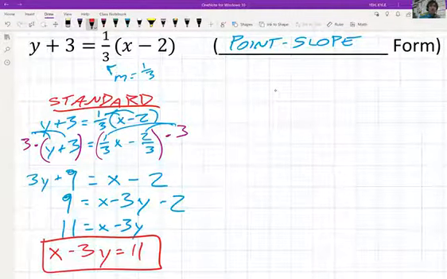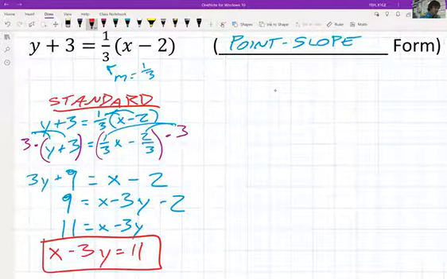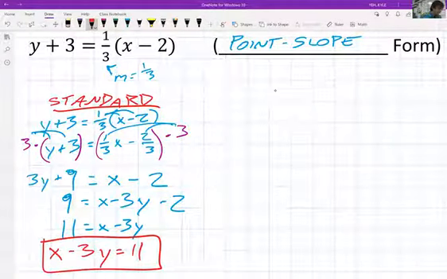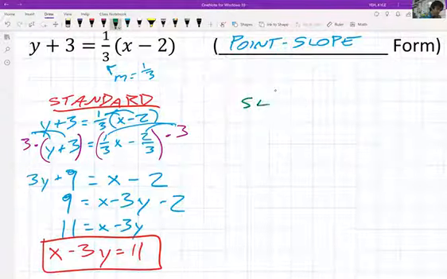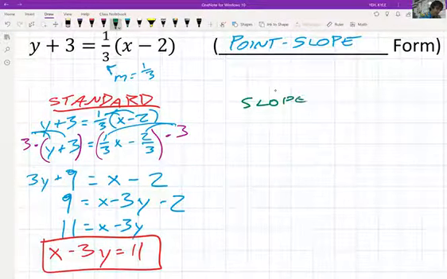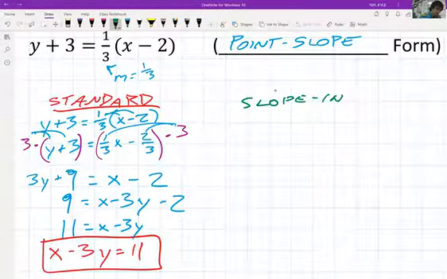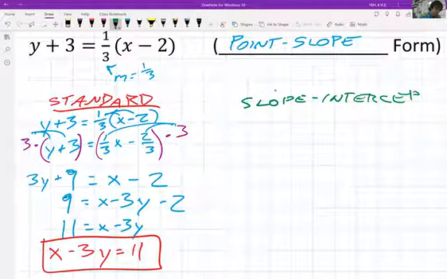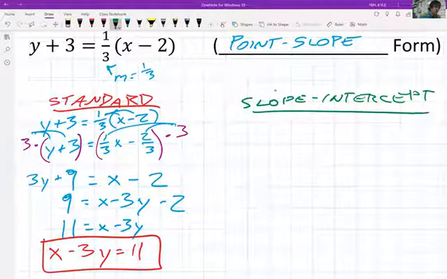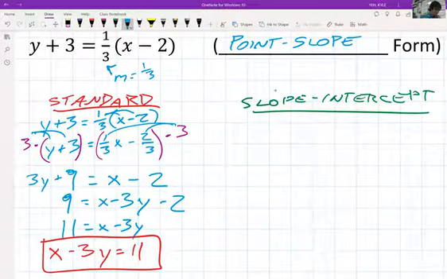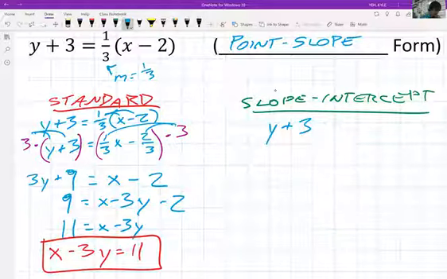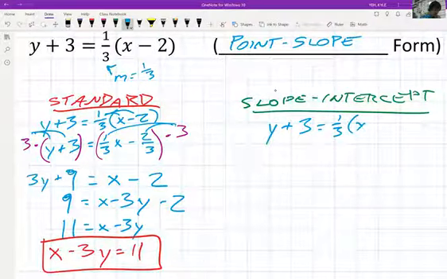So then how do we go to slope-intercept form? Well, we could go to slope-intercept form from either one of these other two forms. I'll demonstrate just going from the original. We start with y plus 3 equals 1/3 x minus 2.